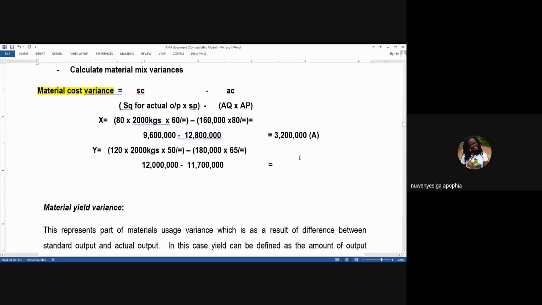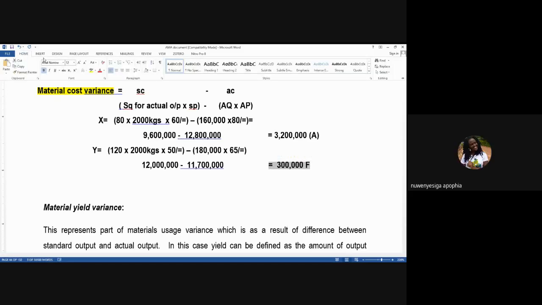300,000. And when you look at this, you realize that this variance is favorable. I would denote it with the letter F. You know why it is favorable? Can you give me the reason? Because it's a positive. That cannot be justification.